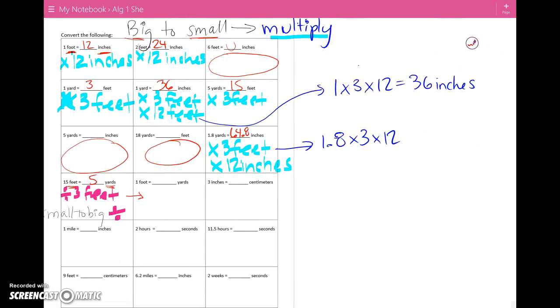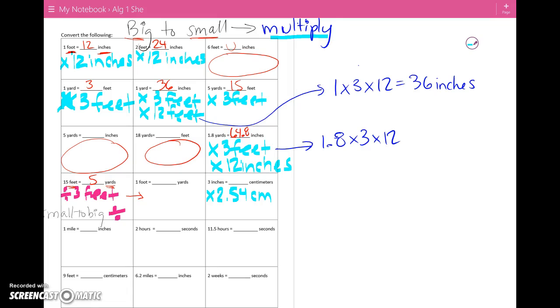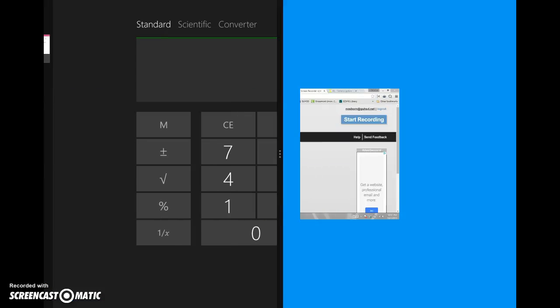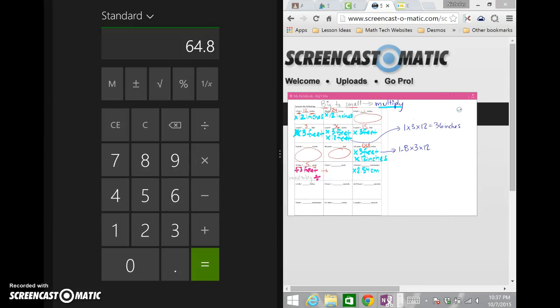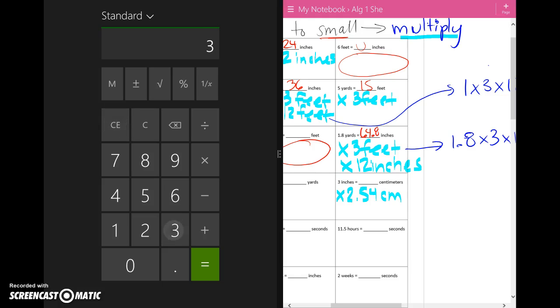So, I am going to multiply times 2.54 centimeters. You can go ahead and, if you want, get your calculator out. Okay, so we can do 3 times 2.54.